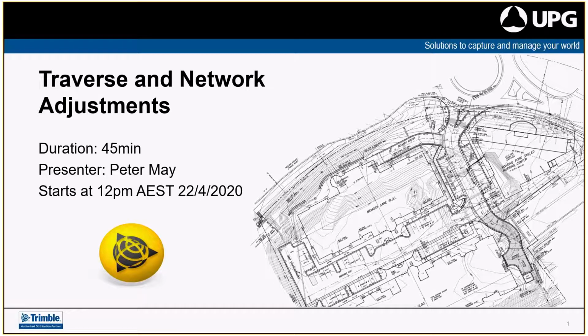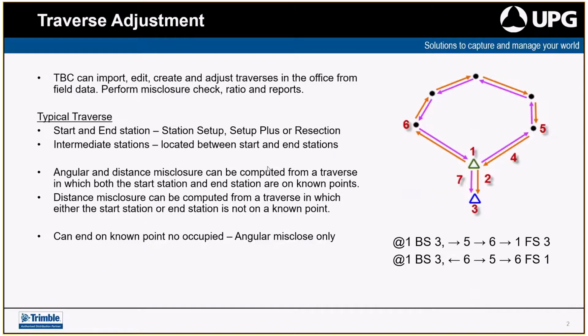So just to kick off, the Traverse adjustments, we'll have a bit of a squiz at how TBC can do it. TBC can import the data, it can edit the data, and it can create and adjust Traverses in the office software. It'll give you an adjustment report at the end of it, telling you obviously your positional misclose, your angular misclose, and then all the other ratios.